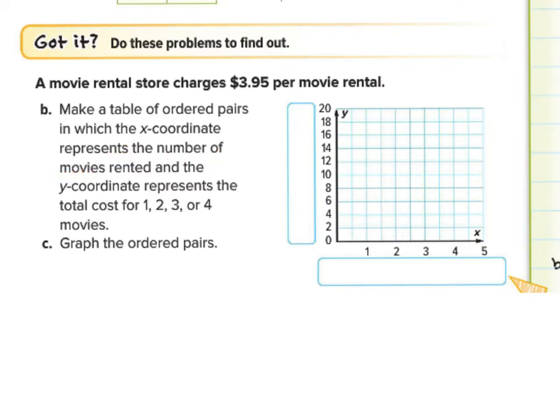So I'm going to put number of movies along the bottom, and the y-coordinate represents the total cost, so I'll put cost along the side.